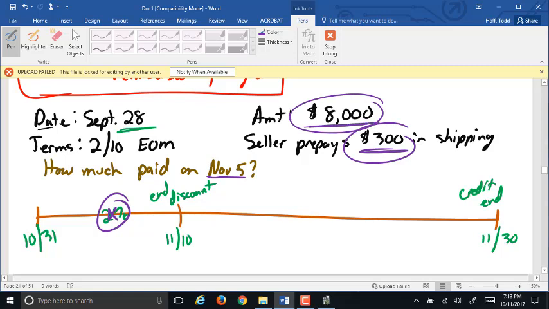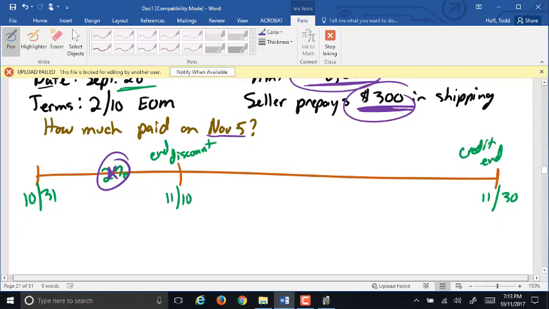No, the buyer owes the 8,000 plus the 300 in shipping, right? So do they do 8,300 times 0.98? Say no. Exactly. It's 8,000 times 0.98, which is 7,840.